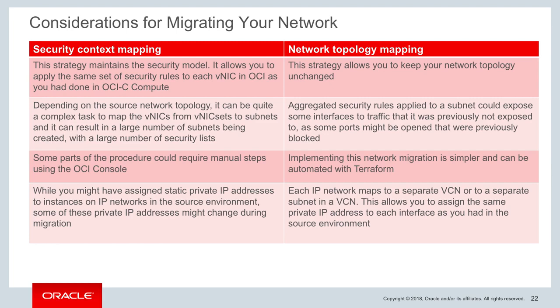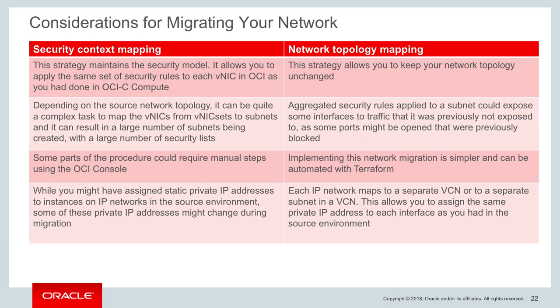You can use Terraform to create a network in OCI where you have the network topology mapping put in place. In network topology mapping process, aggregated security rules are applied to a subnet.